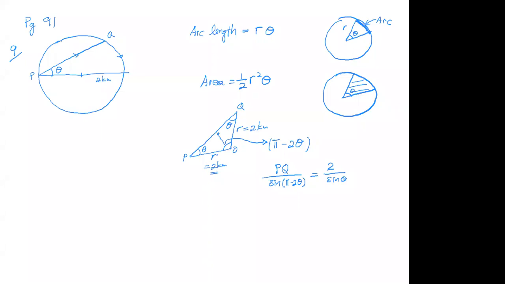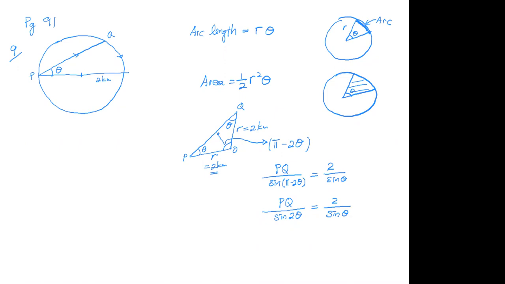Okay. So that is how you work. This is called sin rule. You can go and check it out. So we also know that sin pi minus 2 theta is equal to sin 2 theta. Okay.